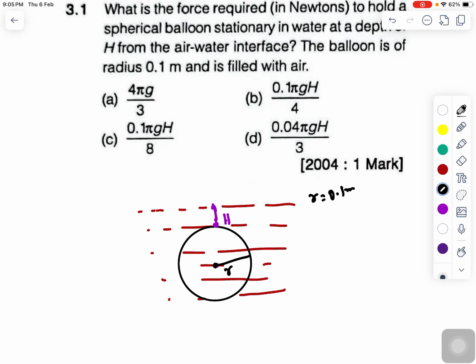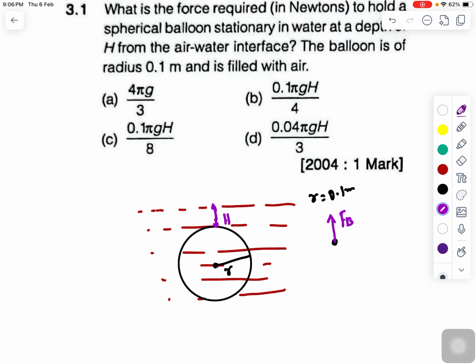Now, whenever any object is placed in the water and it is completely submerged in the fluid, if you make a free body diagram, there is an upward force on that object, and that is called the buoyancy force, applied by the fluid on the object. This upward force would be balanced by the gravity force, right?